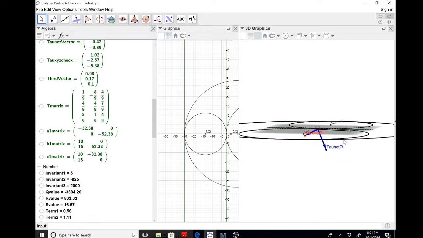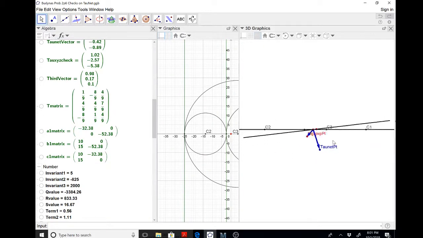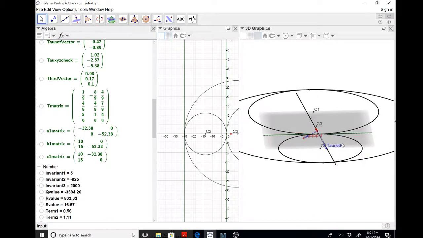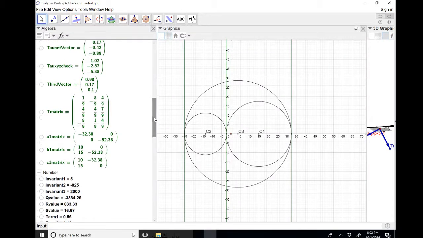So there is my sigma x prime vector and my tau net vector, and they are mutually perpendicular. The sigma x prime uses nx prime x, nx prime y, and nx prime z. This uses the t's, the direction cosines. All right, so how do we get those?